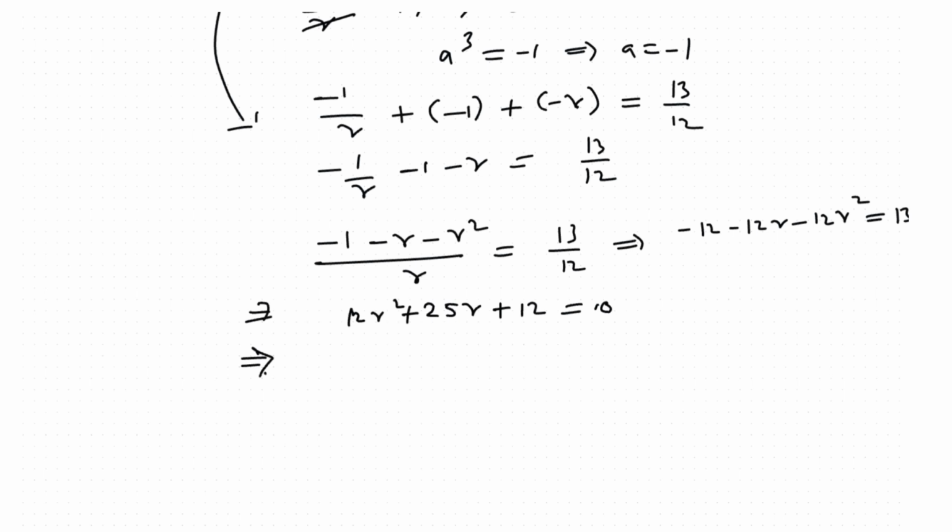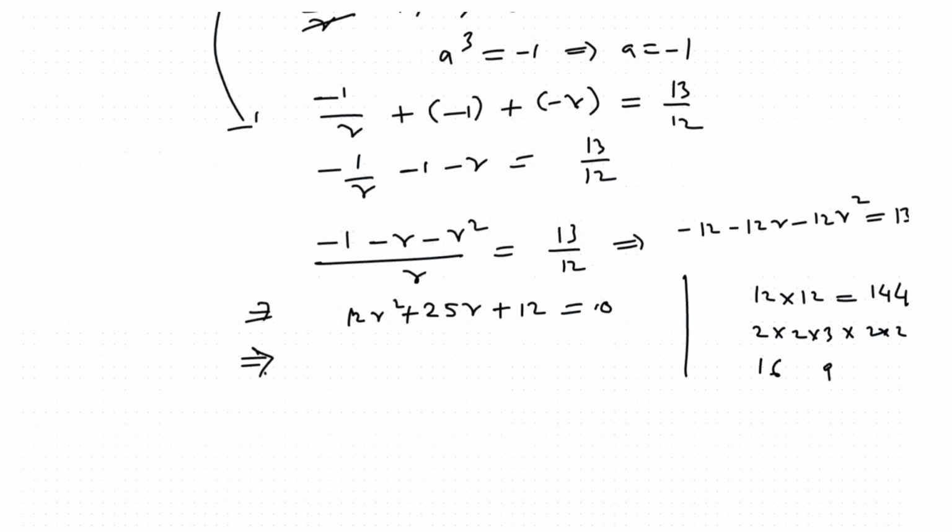So now this is a quadratic equation, 12r square plus 25r plus 12, and you can solve this equation. You would say 12 times 12 as 144, and then 144 is 2 times 2 times 3 times 2 times 2 times 3. So you have 16 and 9.